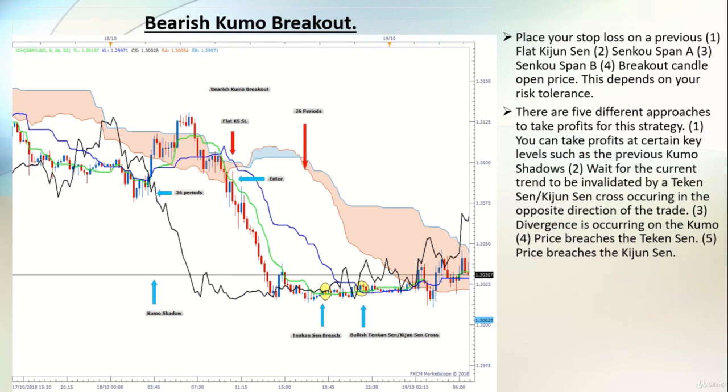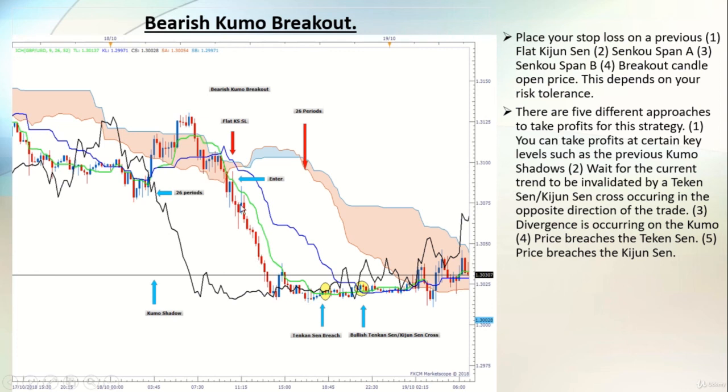The fourth example where you can take your profit is when price breaches the Tenkan-sen. Now, this is not always reliable because if you do take this approach, most likely, you're going to miss out on a lot of the trend. You're not going to claim all the pips which you can take. So, for example, in this example, it worked quite well. The price went down.